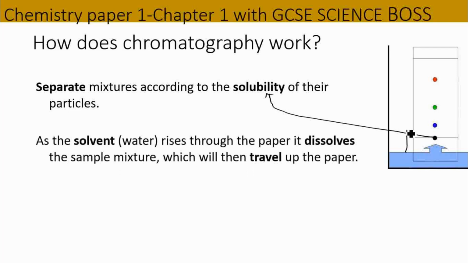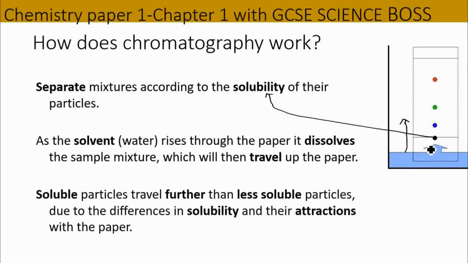As the solvent travels up the paper, it's going to dissolve the sample, and the ones which are most soluble travel further than the less soluble particles. So this one is the most soluble one, and this one will be the least soluble. Okay, good.